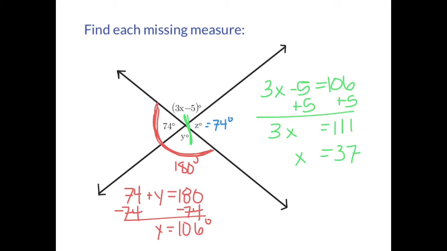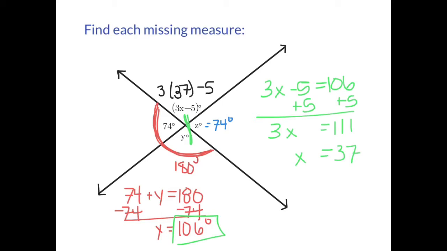So x equals 37, which is not an angle measure. Let's be clear here that the 106, I did put a degree on because the y is an actual angle measure. But in the x section here, the x is just part of this. So I need to do some work first, where I take 3 times 37 and subtract 5 to find that actual angle measure.